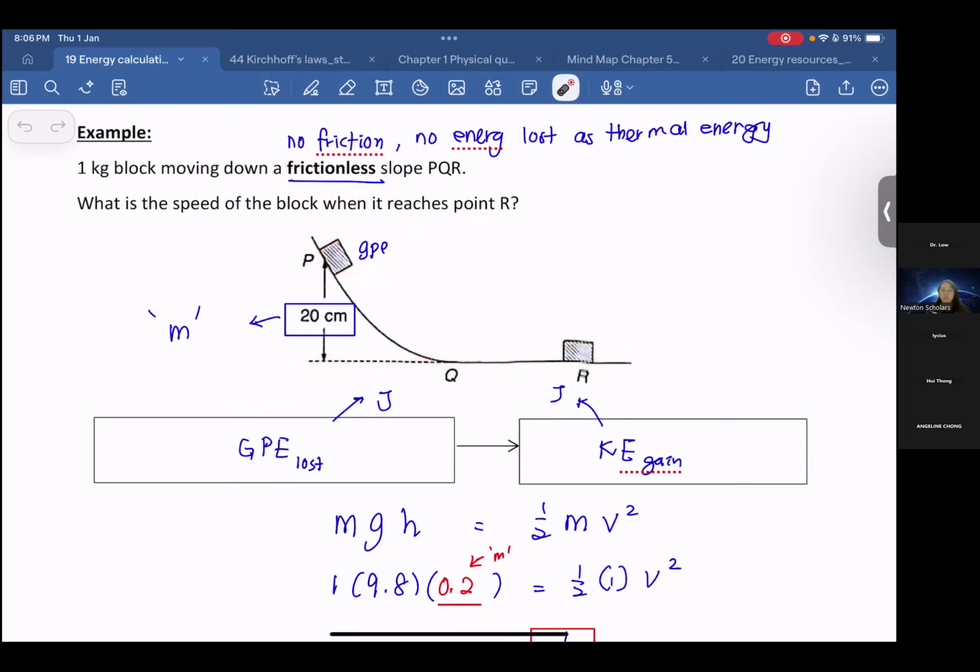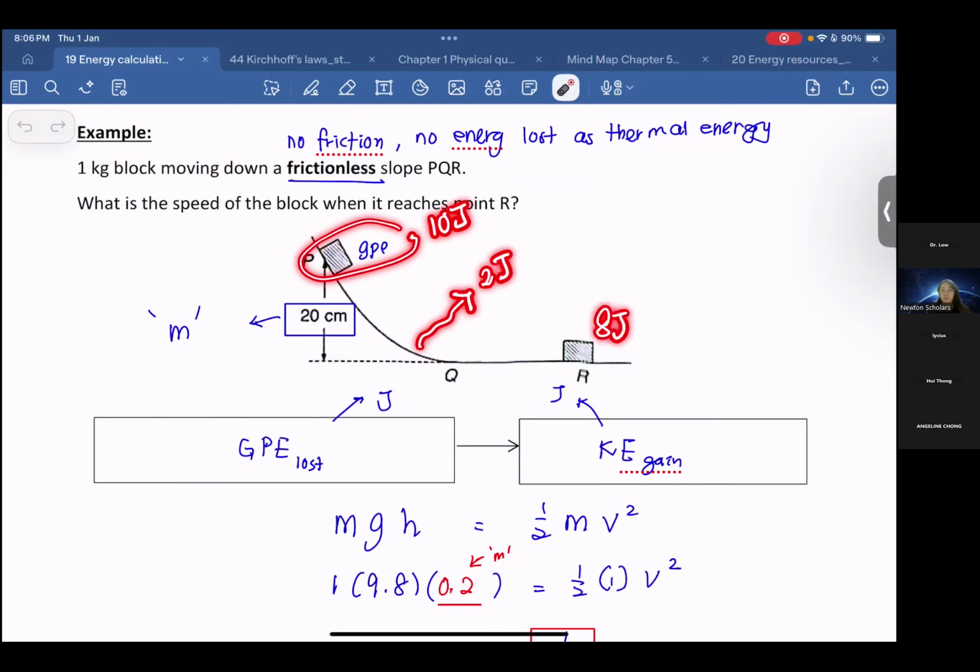If, let's say, in this question they change it to moving down a rough surface, that means there will be some friction. So let's say this part is 10 joule. They might have some loss to the surrounding due to the friction, because when there is friction, they will have other energy such as thermal energy. So maybe here it becomes 2 joule lost to the surrounding. Then at the end, how many joule do we get?